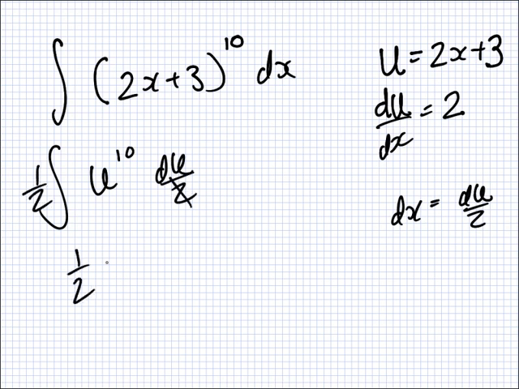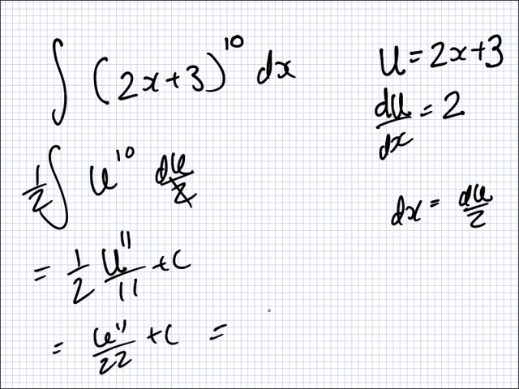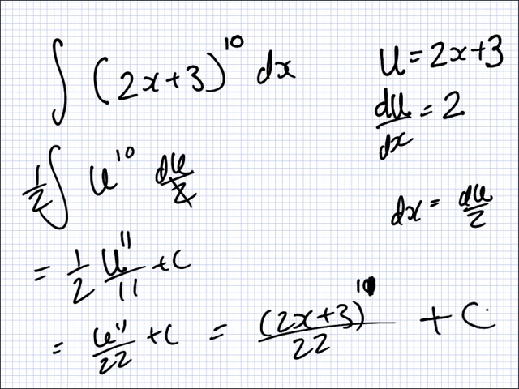So this becomes a half, u to the 11 over 11 plus c, which is u to the 11 over 22 plus c, which is finally (2x + 3) to the 11 over 22 plus c. Sorry, my bad, it's to the power 11.